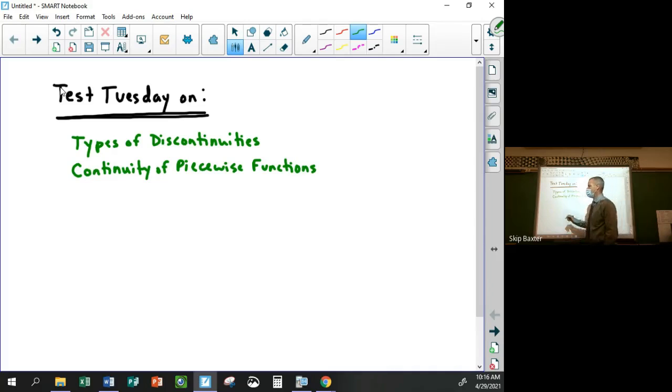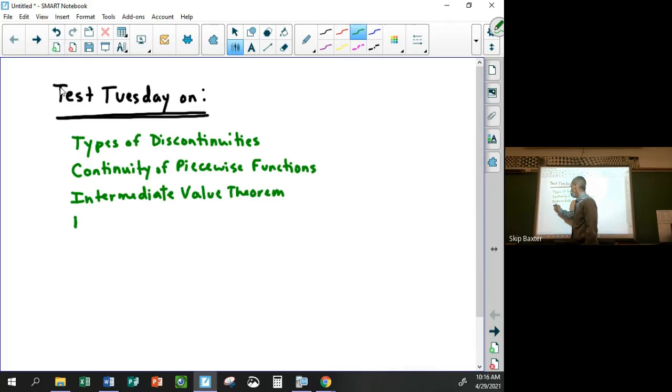Then we talked about special theorems, so intermediate value theorem and, I mean, not mean value, extreme value theorem, sorry. Mean value theorem is something else.